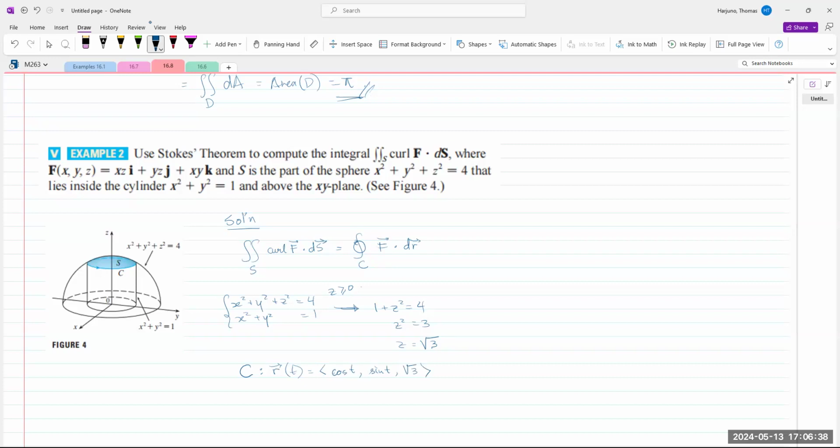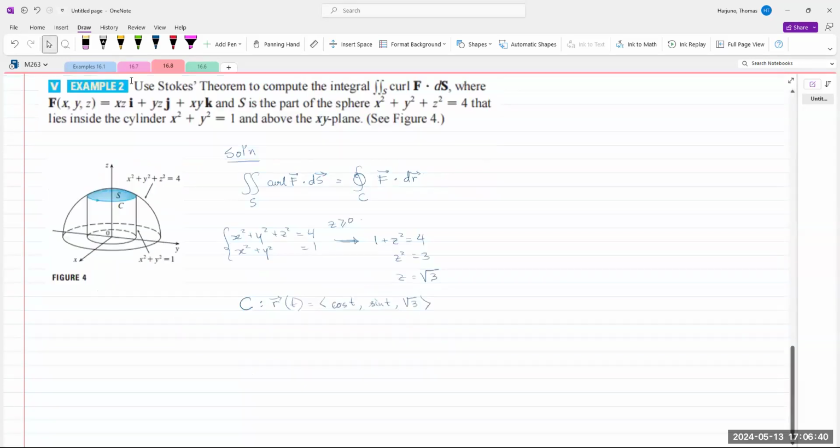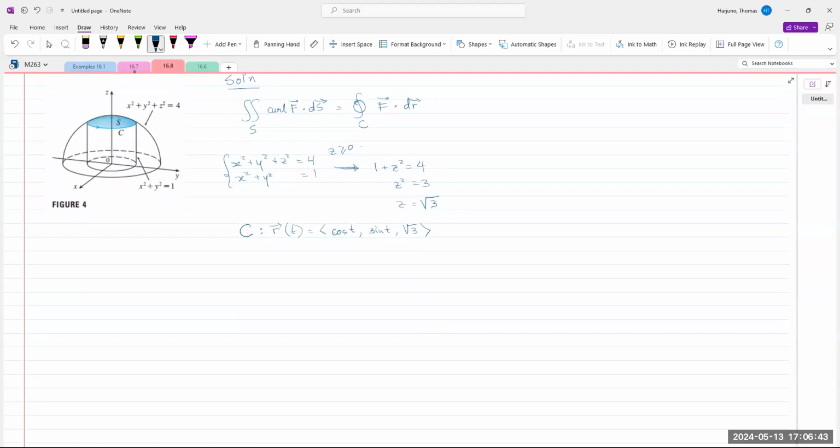So instead of computing the double integral of the curl, we will compute the integral over closed curve C of F dot dr. Now, what is r prime t? R prime t is negative sine t, cosine t, 0, and the integral is from 0 to 2 pi.